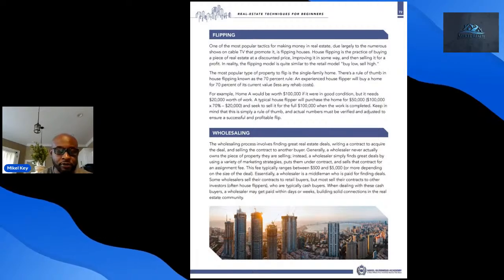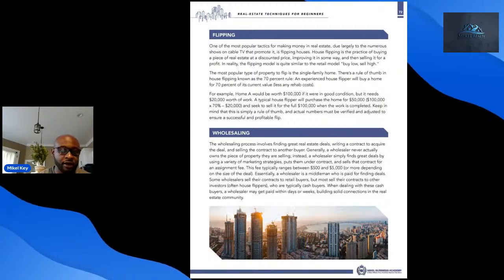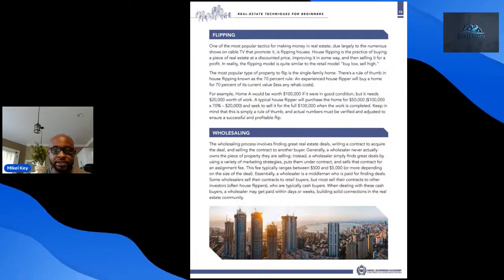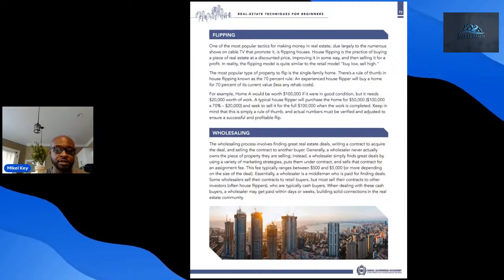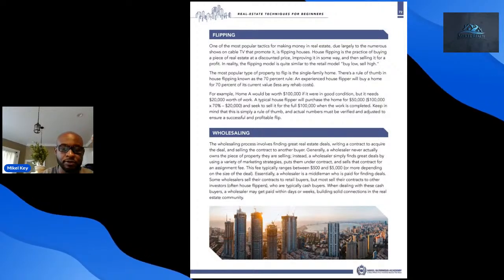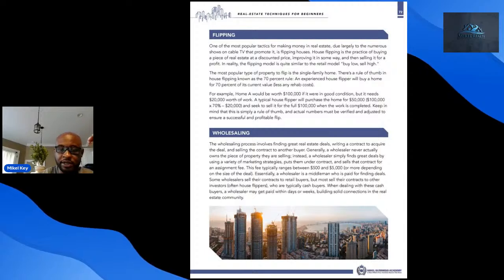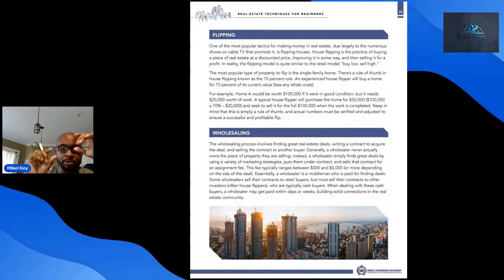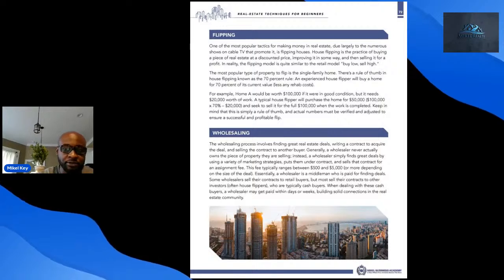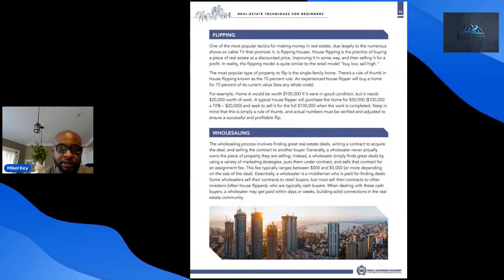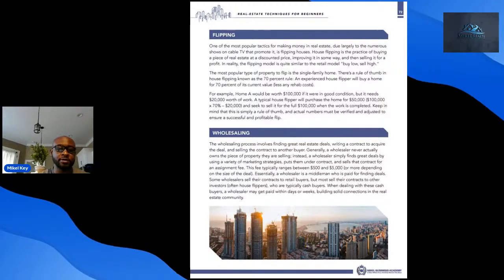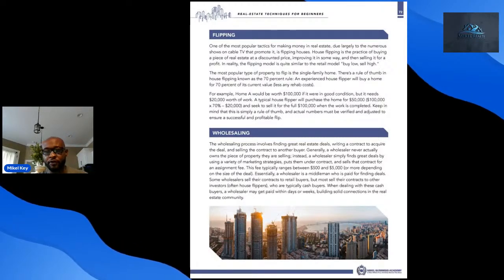If you've partnered with your general contractor and y'all have gone to look at that property, and he says it's going to cost $50,000 to renovate this house and get it ready, then $50,000 is 50% of the ARV. So you only have 20% left, because remember, we can't go over 70%. If the contractor gives you a $50,000 bid and the ARV is $100,000, then you only have $20,000 to pay for that house. So that's how we determine how much we pay for a flip property.